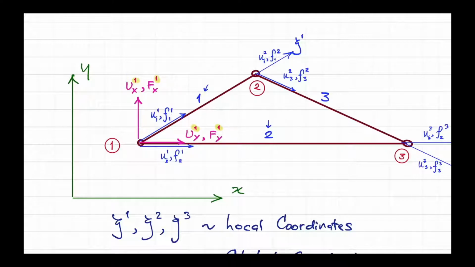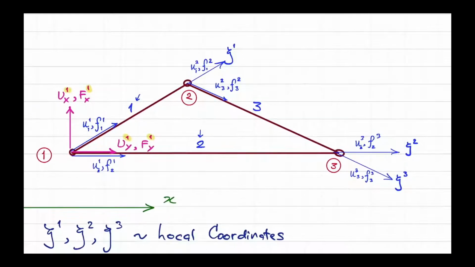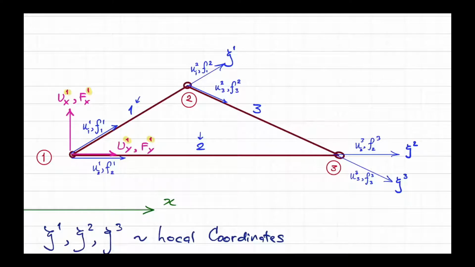The subscripts denote the direction. So we create the new sets of displacement and forces at each node in the very same way. So here and here.